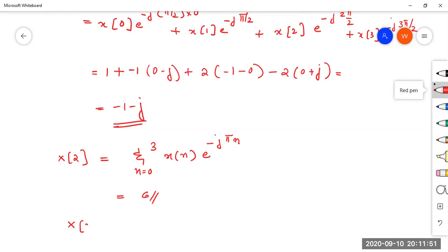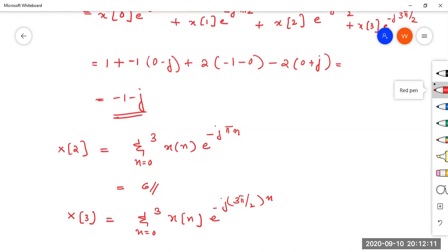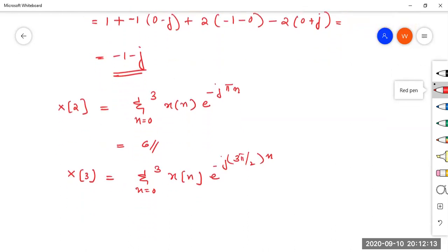X of 3 is equal to summation n equal to 0 to 3 x of n e raised to minus j 3 pi by 2 n. Okay, so for this you can substitute the values, and then you will be getting the answer as minus 1 plus j.